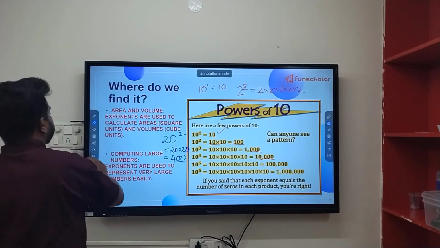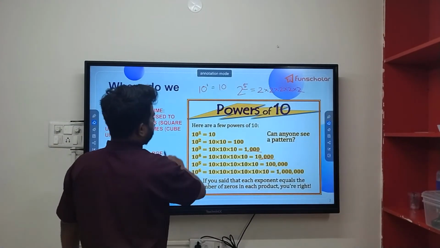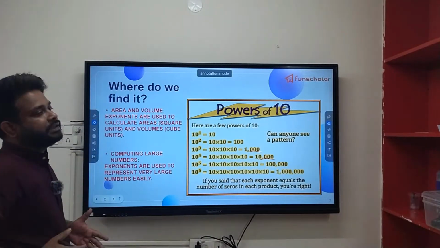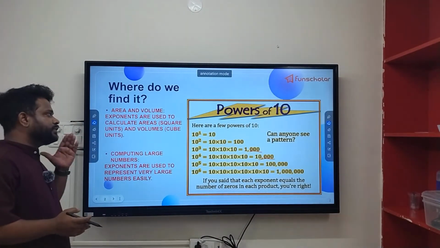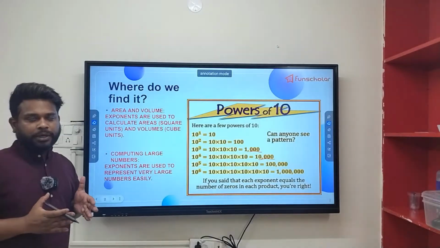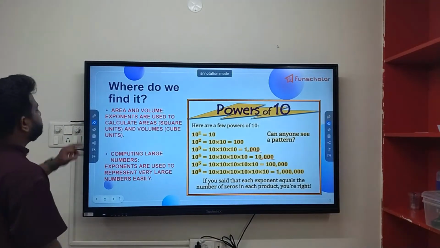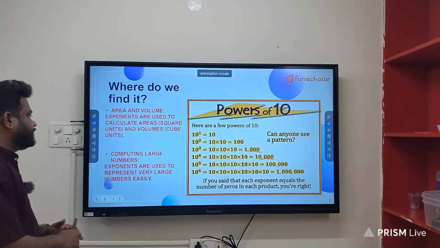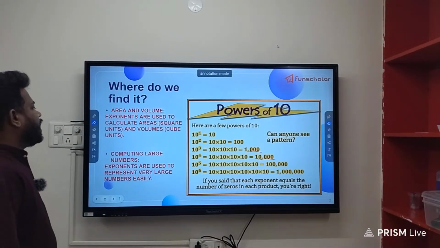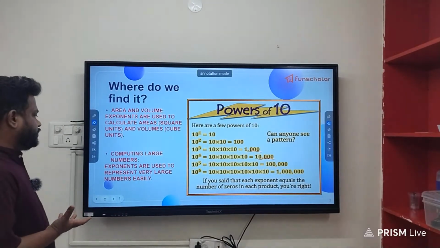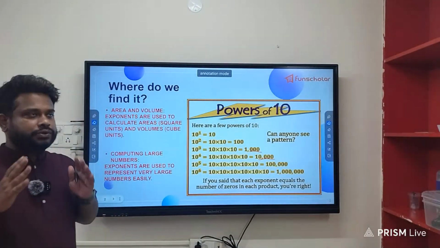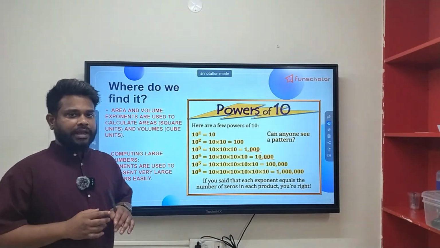Now we have to know why we are studying this, or what the uses of this topic are. Area and volume: exponents are used to calculate areas, like square units, and volumes, like cube units. This is an evident use of exponents in our daily life.